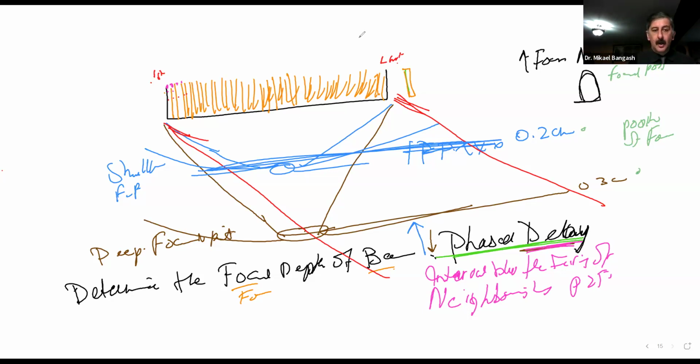Now you may say, since in this case we had set the transducer to focus at 2 points or at 2 depths, one has to come first, followed by the next.